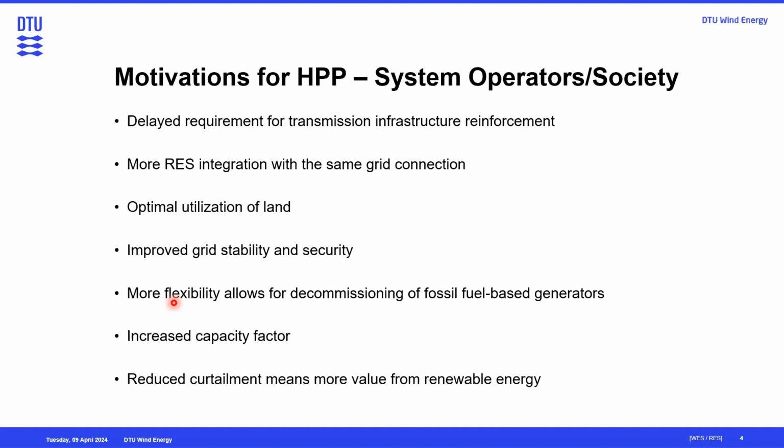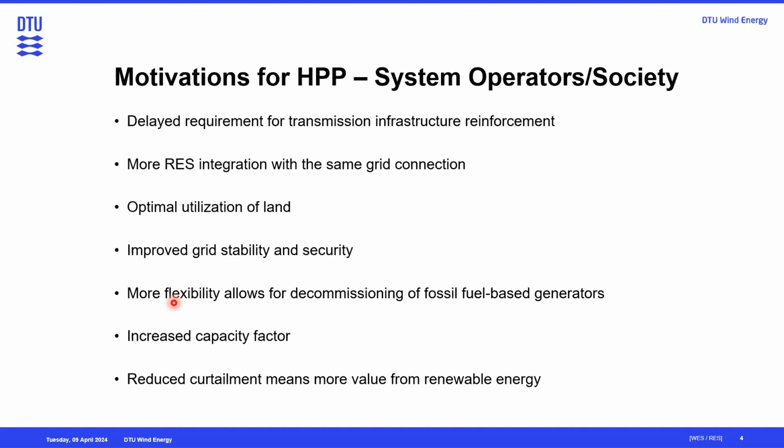Increased capacity factor. In general, wind in a good onshore location here would have something like 30% capacity factor. We do not have such good solar conditions; solar can have 10% capacity factor. But when we combine them, even with a little bit of curtailment, if we don't have a battery, we can really get 35%, 36% capacity factor.